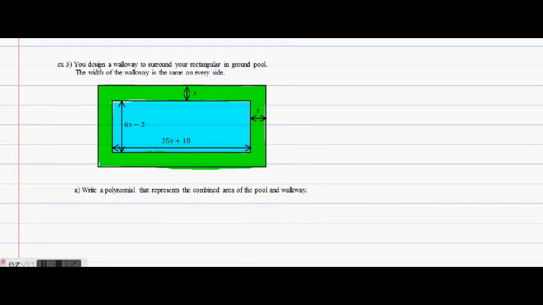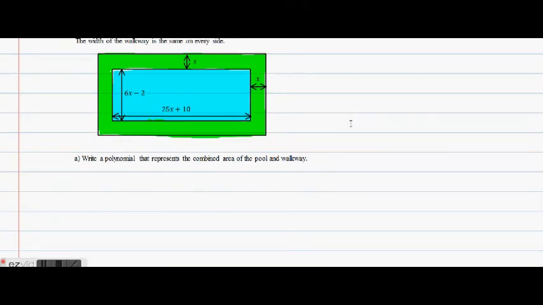The length of the pool, just the pool, not the walkway, is 2x plus 10. The width of the pool is 6x minus 2. And don't look at this too close because you can see I can't color. We want to write a polynomial that represents the combined area of the pool and the walkway.